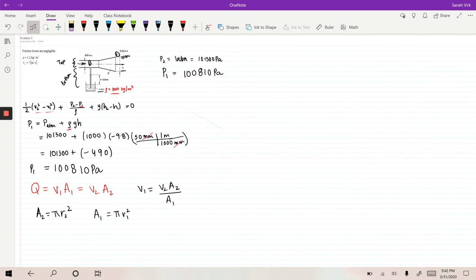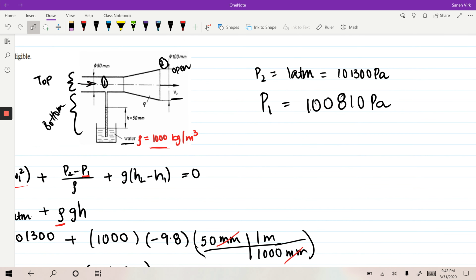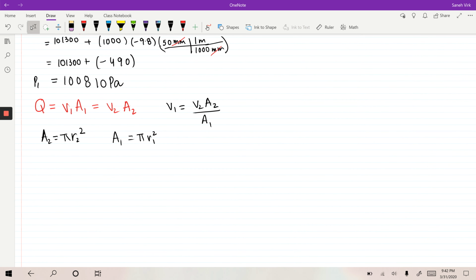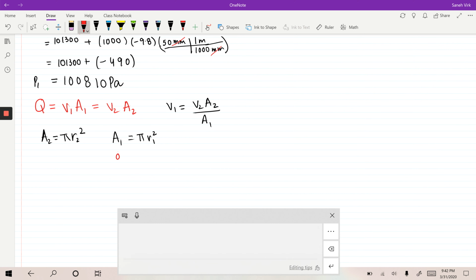As we said in the picture right here, this is our point 1. This part right here is our diameter 1, and this is diameter 2. I'm going to write it underneath here.